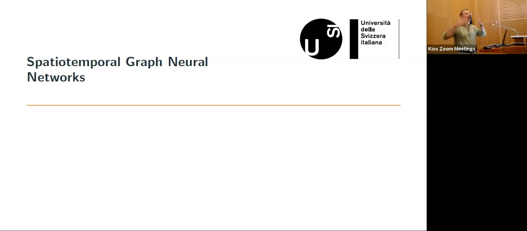So now you have an abstract representation at the embedded level, which is used by the message passing to update the state of the node. Okay, and then by doing that, you update that. It is part of the message passing.